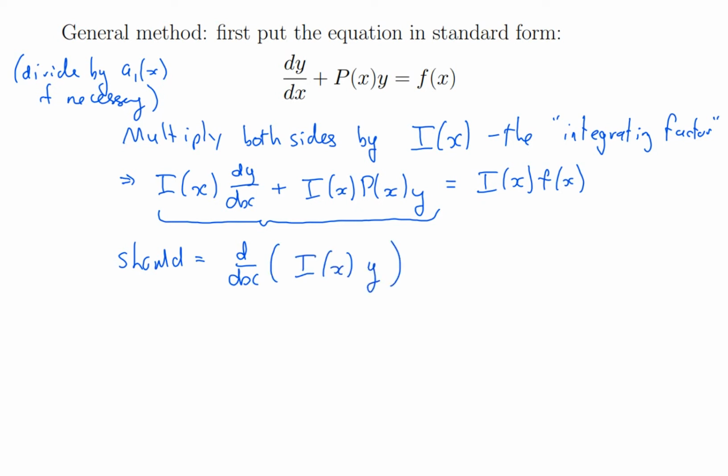That's how the previous example worked, and that's how it's going to work in general, because that's the only way I can get that first term there, is if when I differentiate this by the product rule, I get first term times the derivative of the second term will give me the I times dy dx.